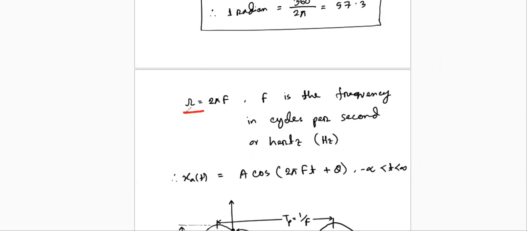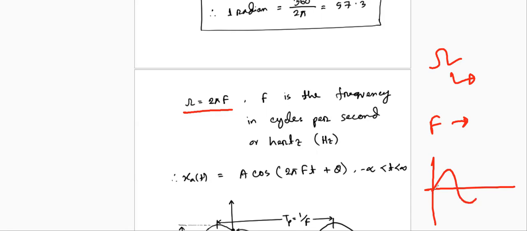So be careful with the notation. What is capital omega? This is also frequency in radian. What is capital F? This is also frequency in cycles per second, or say hertz. Cycles per second. How many cycles are you propagating? So let's say you are propagating 2 cycles. Here we have 2 cycles.